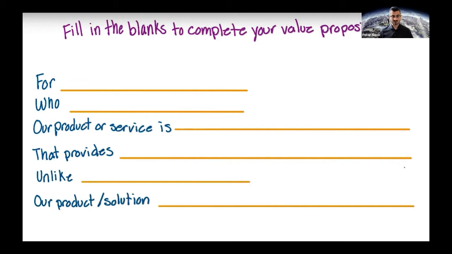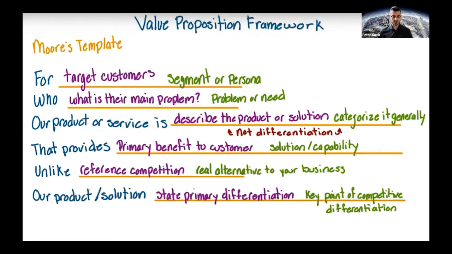So this is the idea. It's usually done by creating a canvas around the proposition. Let me give you a formula here. First, for who it is, whether that's a target customer or persona, then what are their problems or needs, then the product that describes the solution or category.